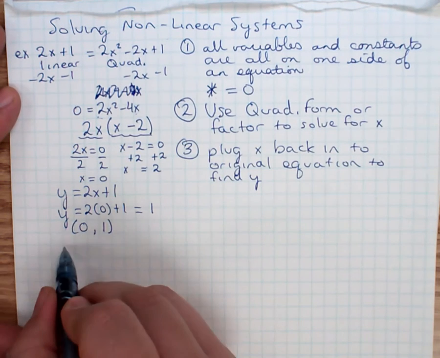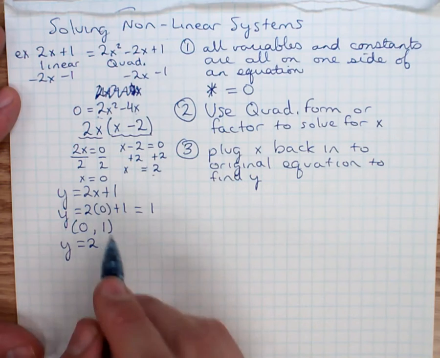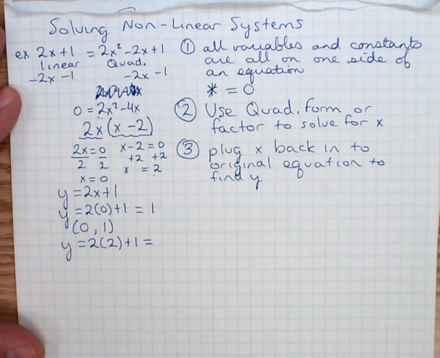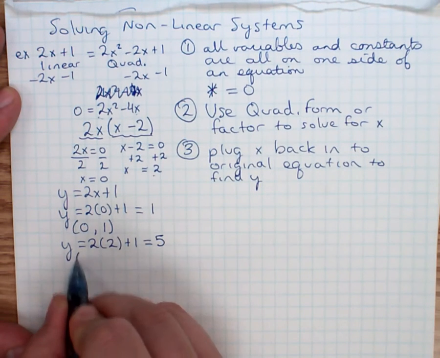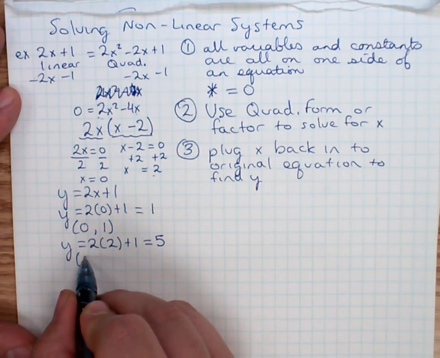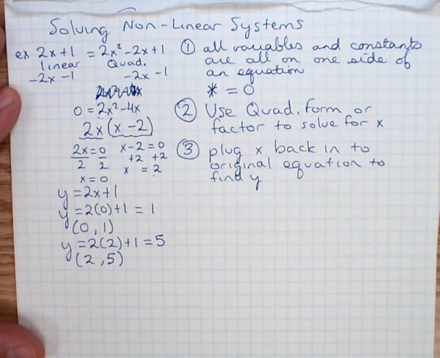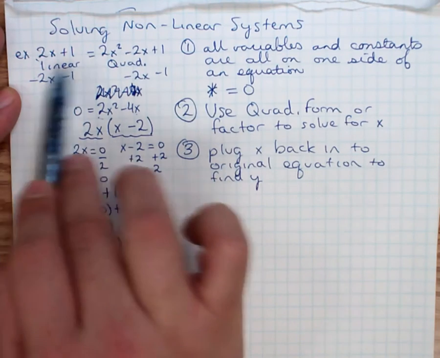I do this again, y equals 2 times the other x value, 2, and that'll give me 5. So my other solution point is 2, 5. Okay, you have to remember, we treat these as a system of equations.